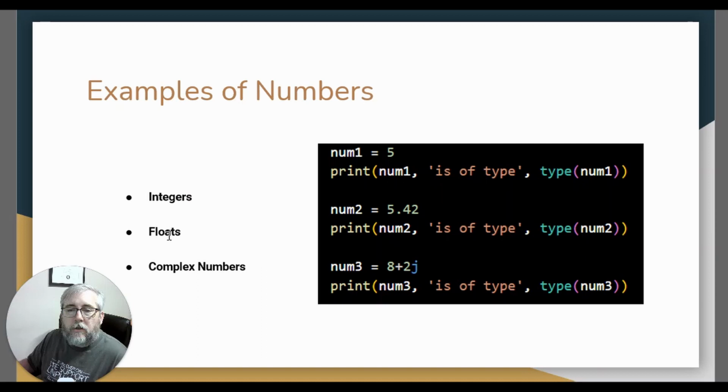As opposed to floats, it would have a point on it. In this example, it's 5.42. And then a complex number, an example of it would be 8 plus 2j. Now, let's look at this exact same script and run it to see what it displays.